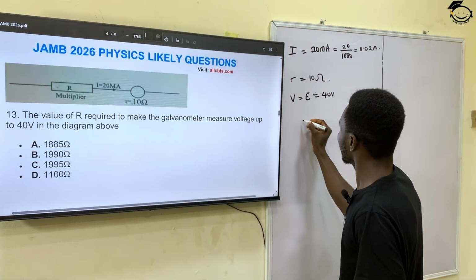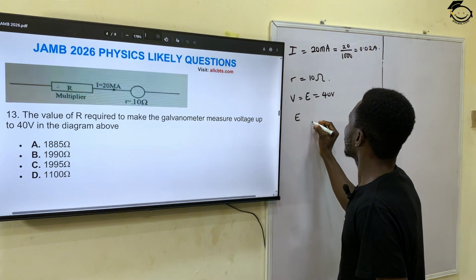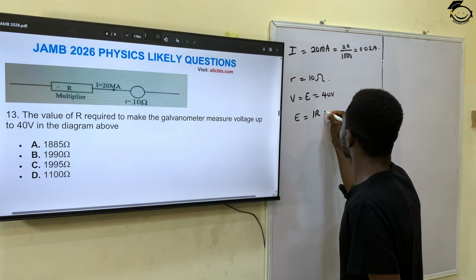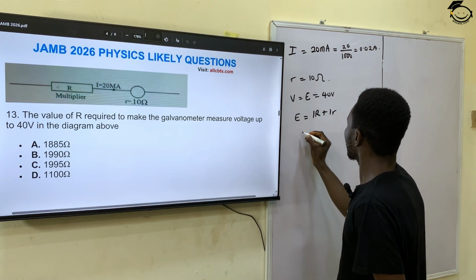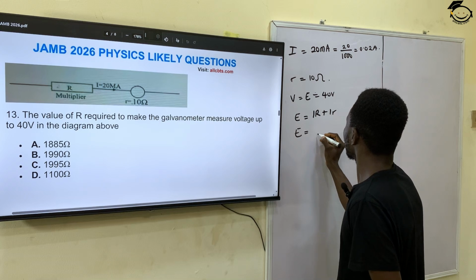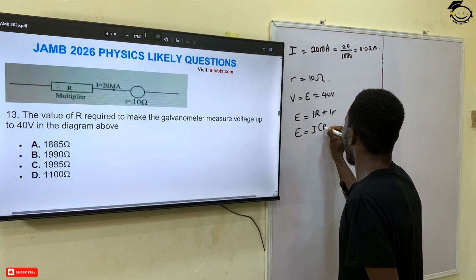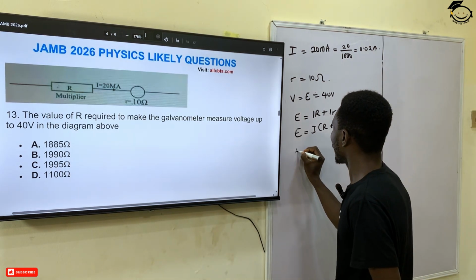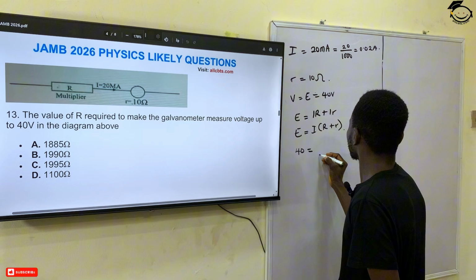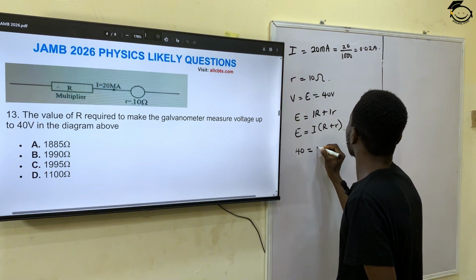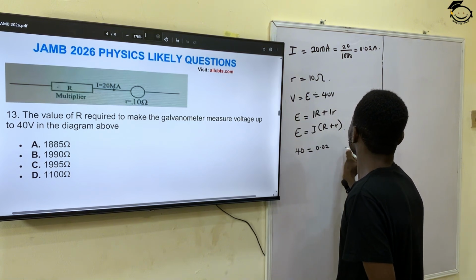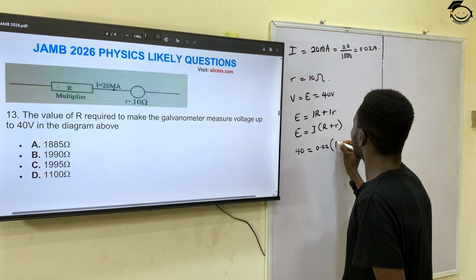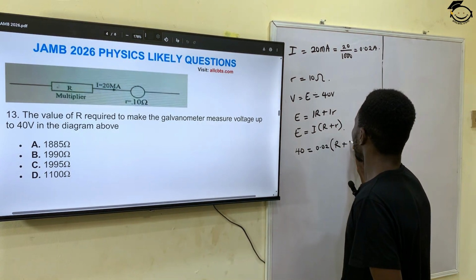We already established that the EMF or the total voltage in a circuit is equal to IR plus Ir, which is same as saying the total voltage is I open bracket R plus r. So if I input my values, I have 40 is equal to 0.02 in brackets. The multiplier there is unknown, so I have my R plus my internal resistance there, which is 10.